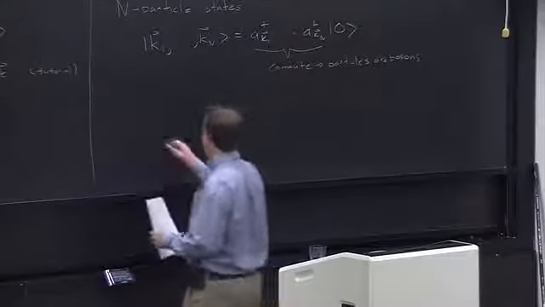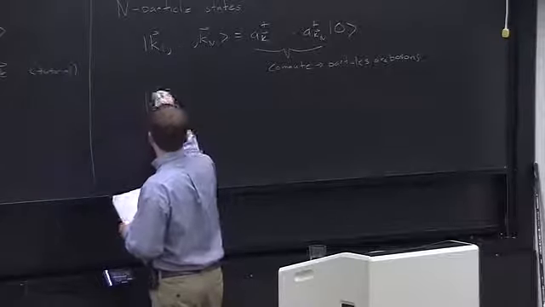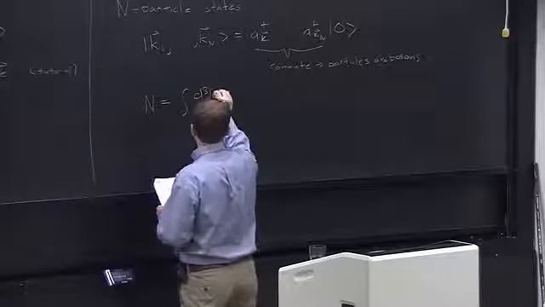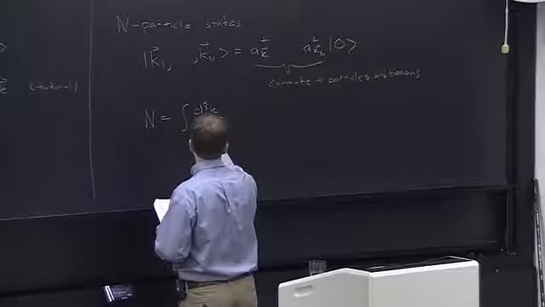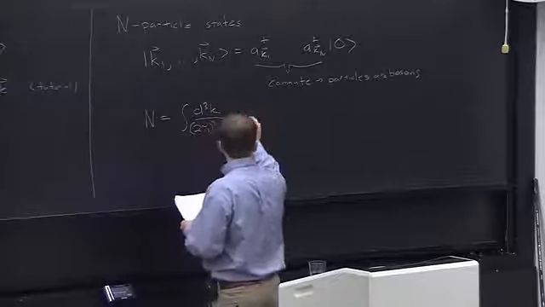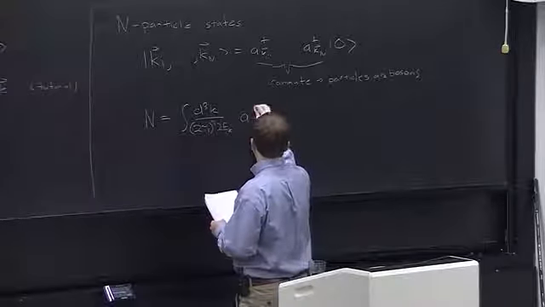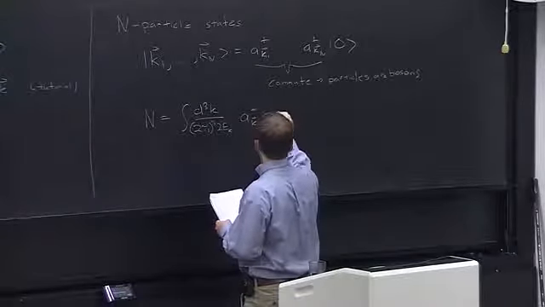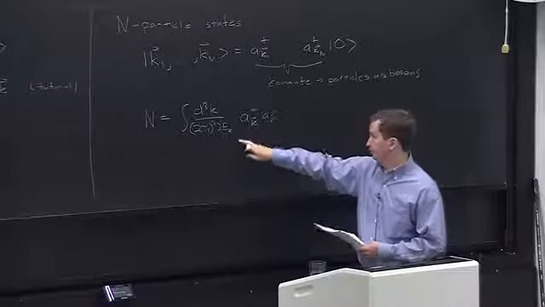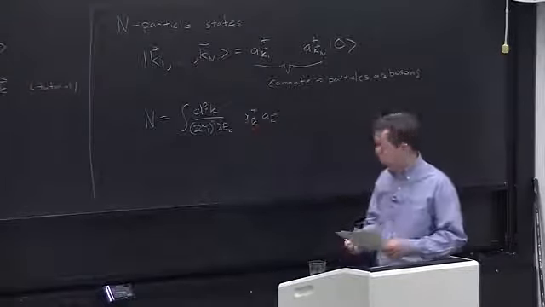So we can also write down a number operator, which is just the integral d^3k over (2π)^3 2E_k, a_k dagger a_k, which is just like the normal ordered Hamiltonian without the extra factor of energy.